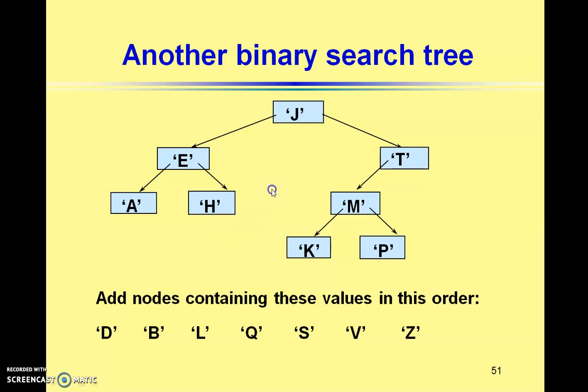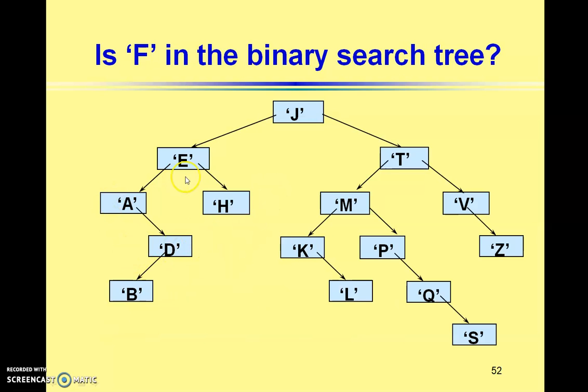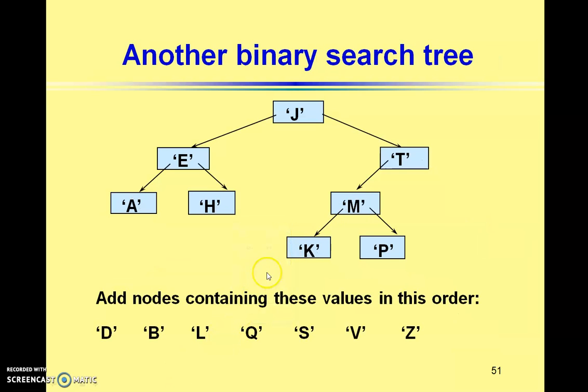Does that make sense? So that D and B would be inserted that way. If you put in the L, L will go to the right, but to the left of T. It's to the left of M, but to the right of K. Does that make sense?